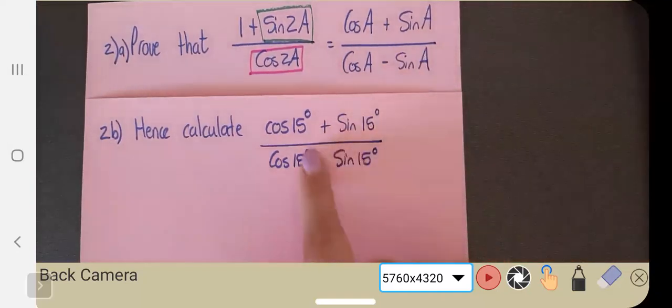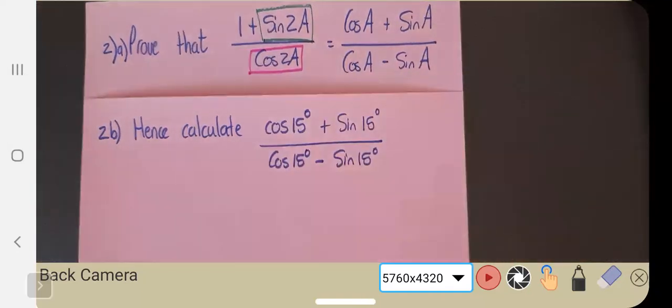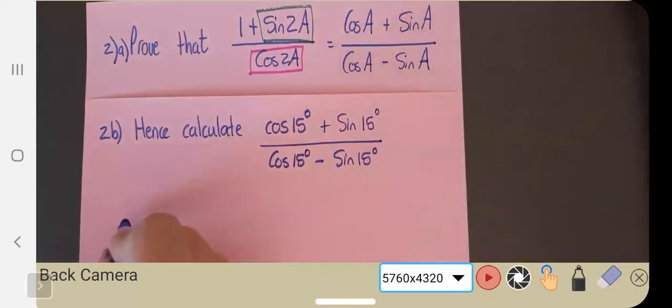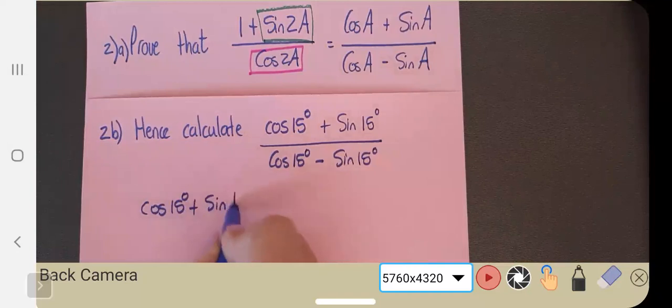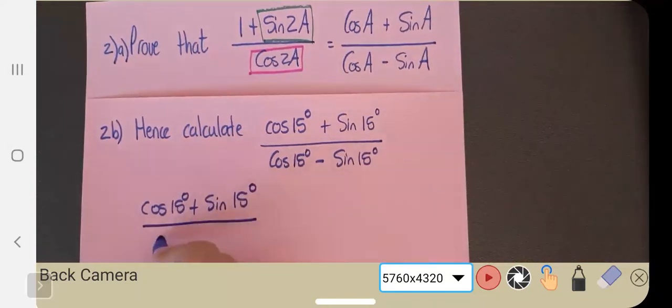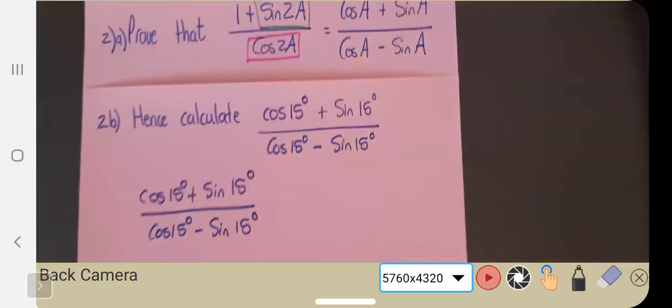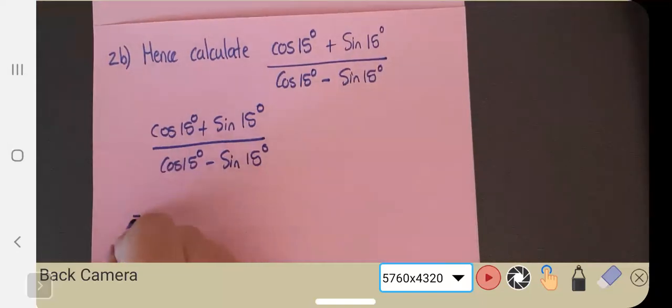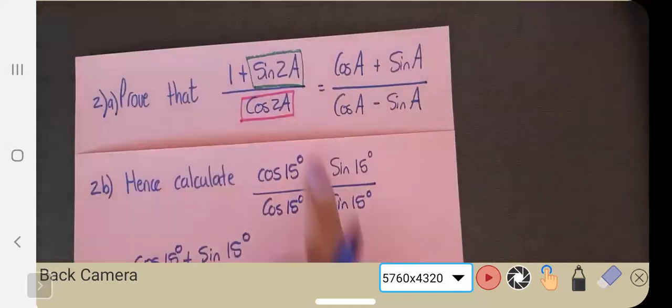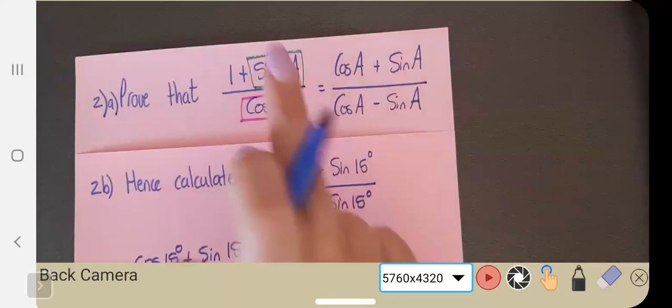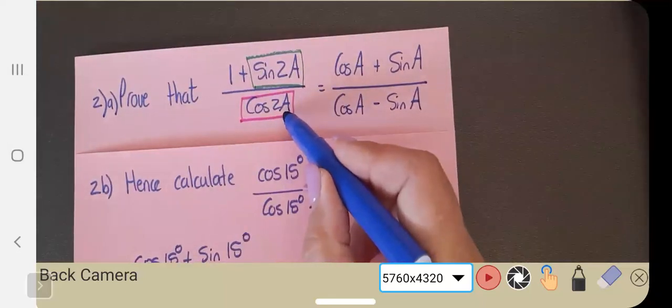So let's rewrite this in terms of that. Cos 15 plus sine 15 over cos 15 minus sine 15 will then be equal to, and in the place of A, I'm going to write 15.